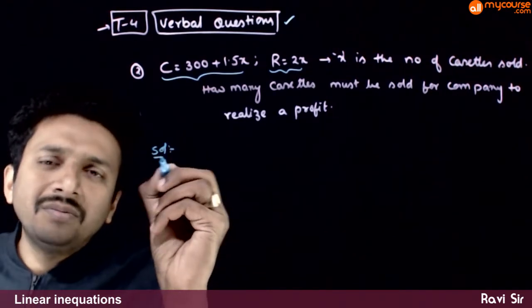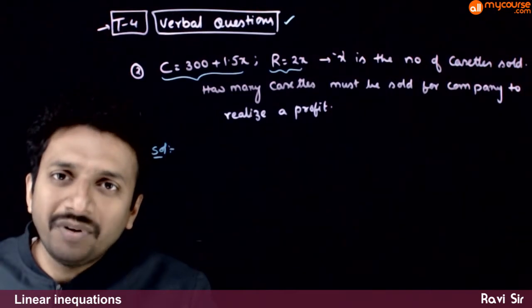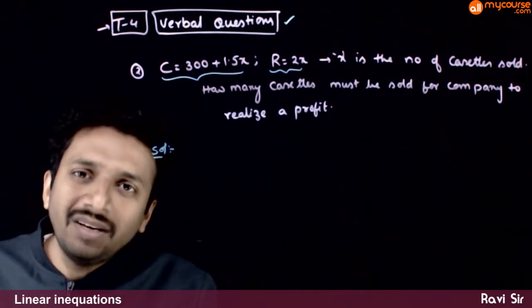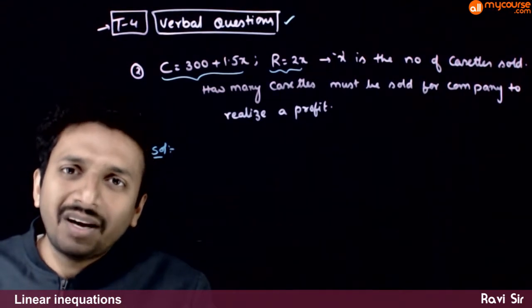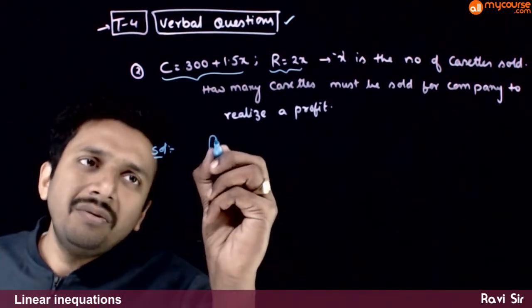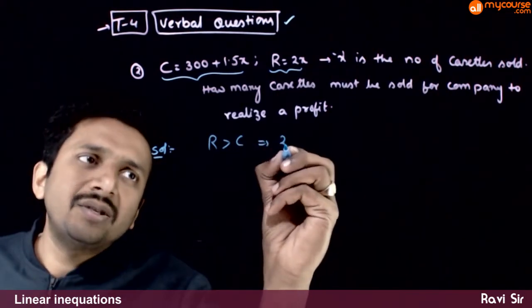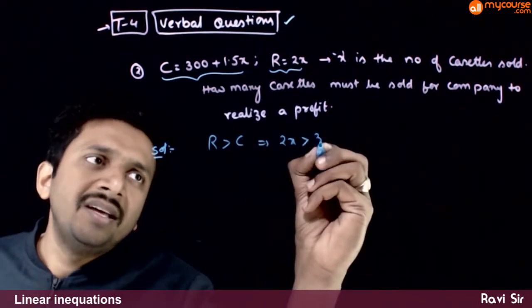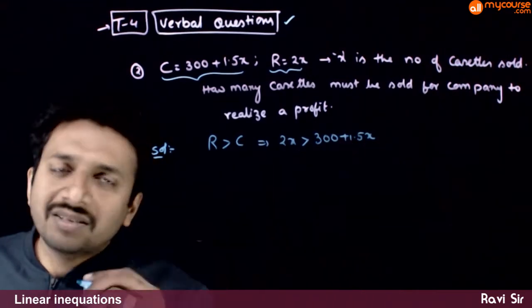So obviously you have to think of it physically. For a company to realize profit, obviously revenue has to be more than the cost. That is the condition for realizing profit. So revenue has to be greater than cost. This implies 2x has to be greater than 300 plus 1.5x.